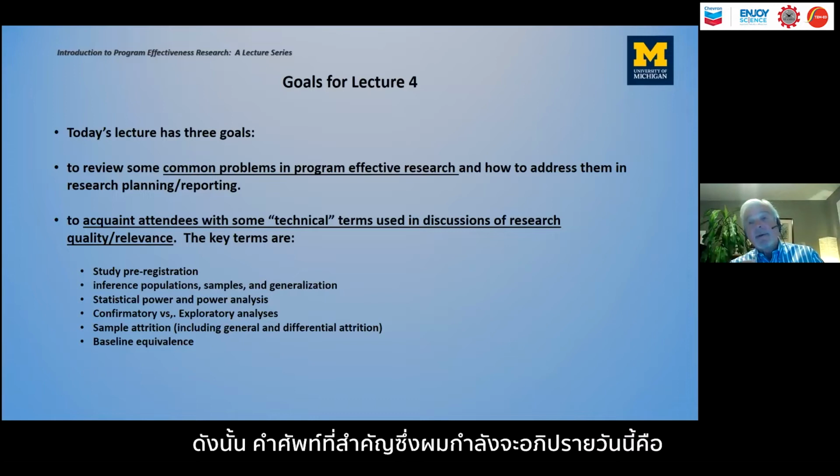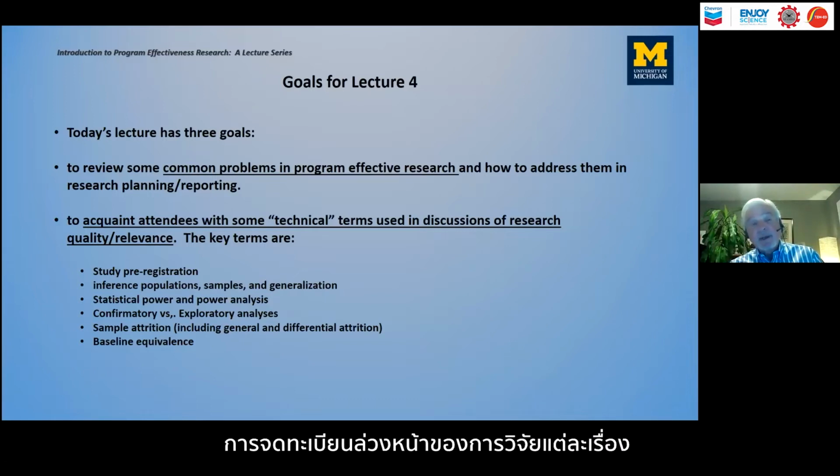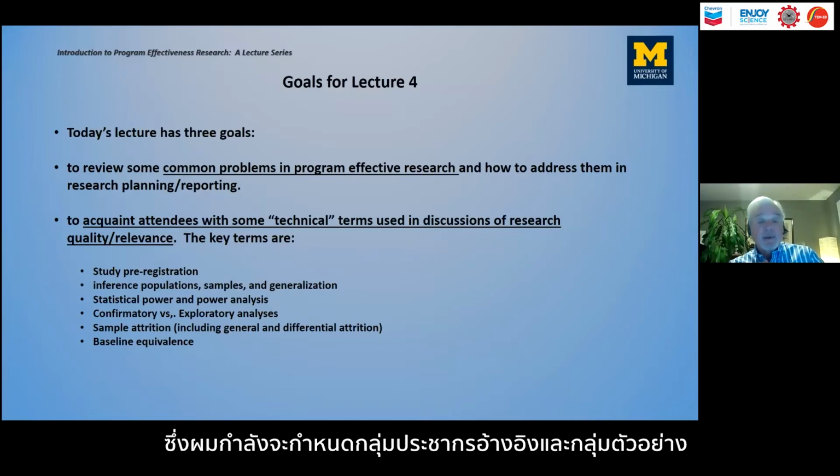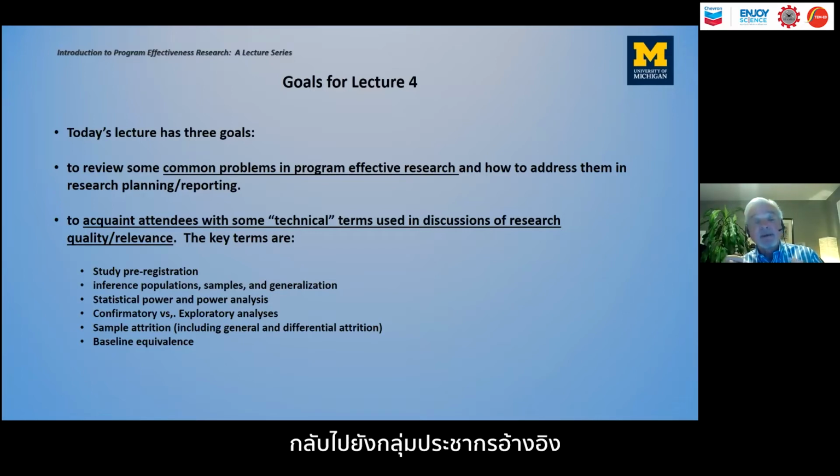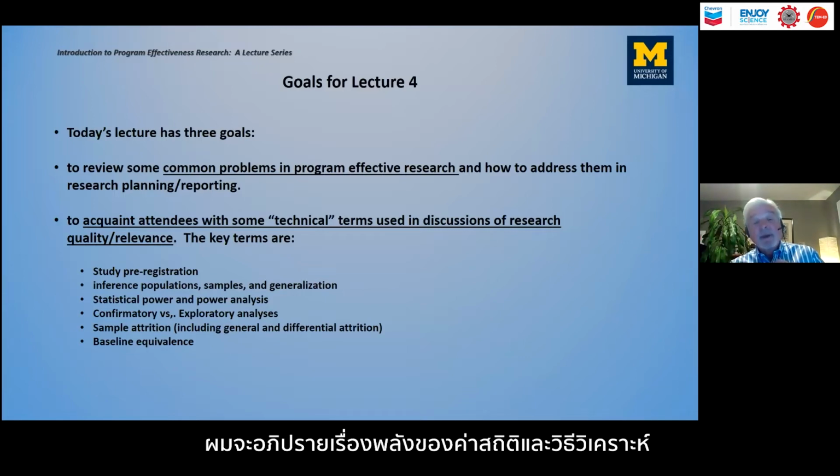The key terms that I'm going to discuss today are study pre-registration, and the problem of generalization, in which I'm going to define an inference population and a sample and talk about how to generalize from sample to inference population. I'm going to discuss statistical power and how to do power analysis.